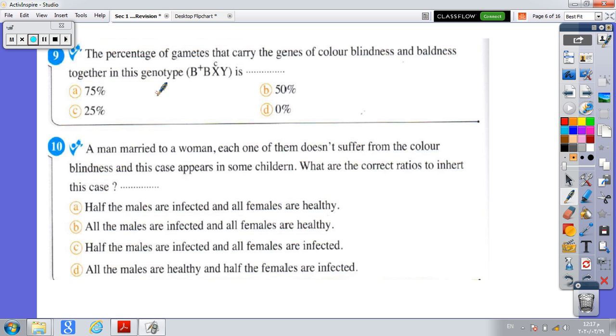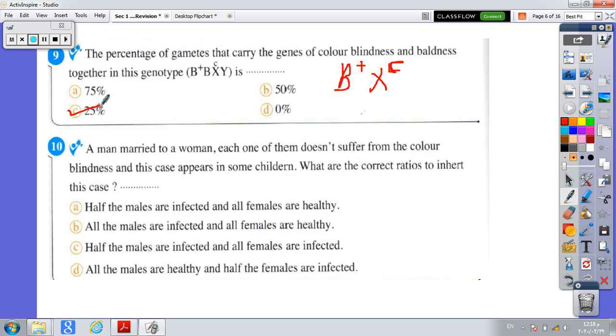As we see, we have genes: B with a positive sign, and X with C, which carries color blindness, and Y. Okay, so the gametes which carry blindness must carry B positive and color blindness, which is X C. Which percentage must we choose? It will be 25%.